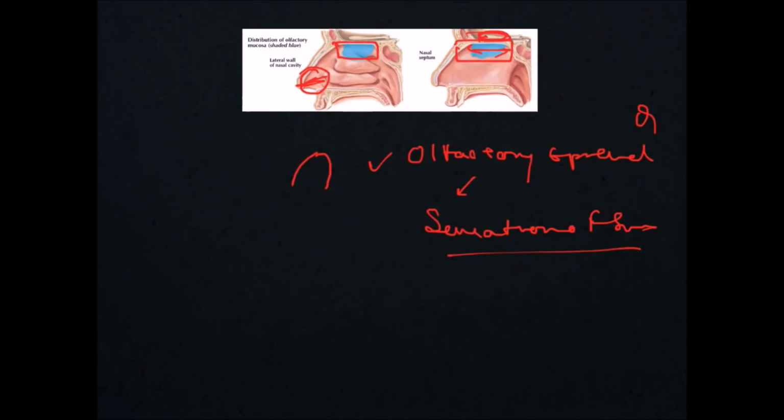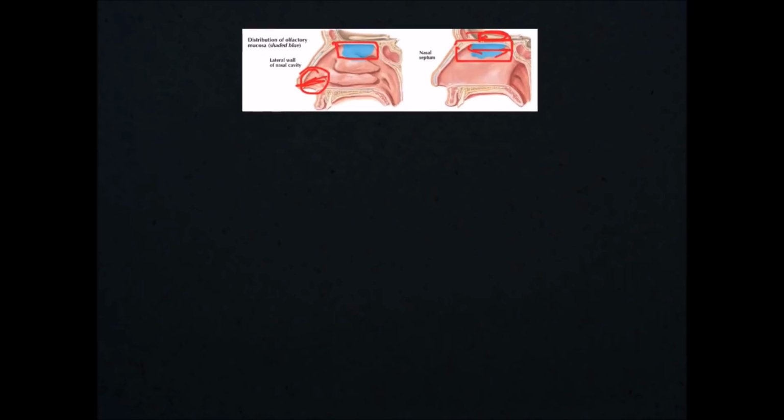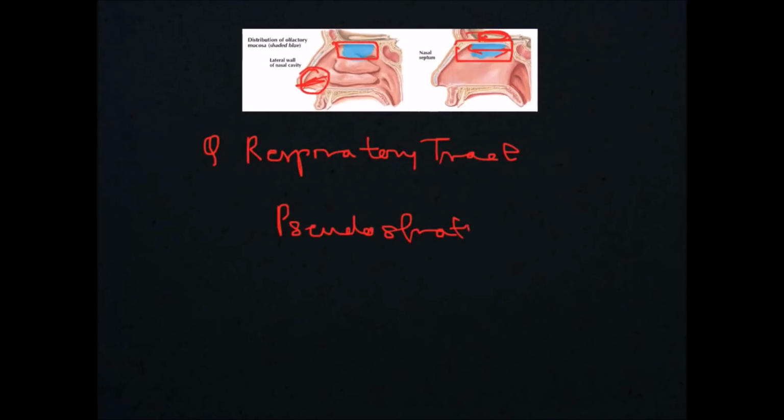Now the remaining nasal cavity is lined by the epithelium of the respiratory tract. Now you might be clear what the epithelium of the respiratory tract is. The respiratory tract is lined by, yes, very good, pseudostratified ciliated columnar epithelium.